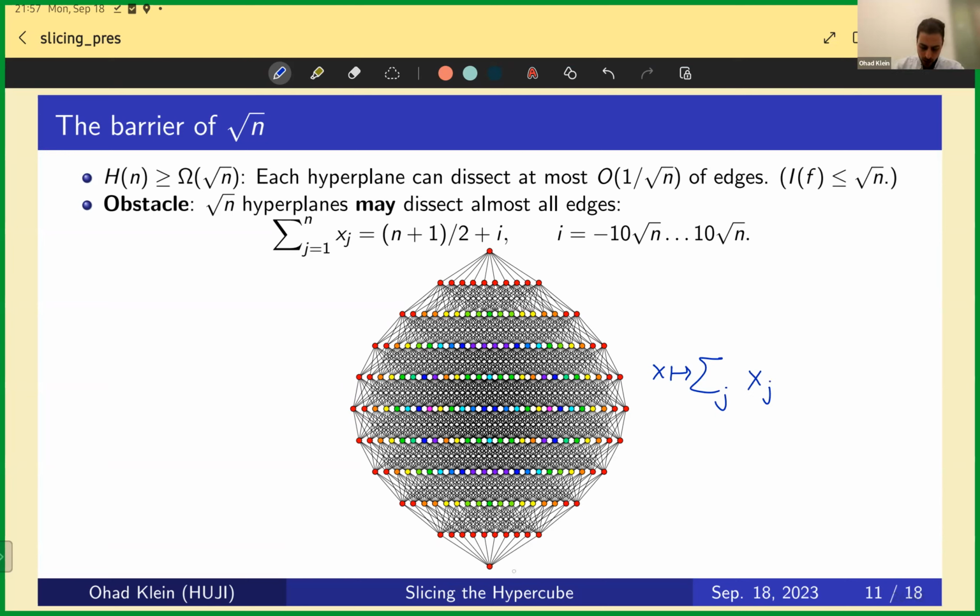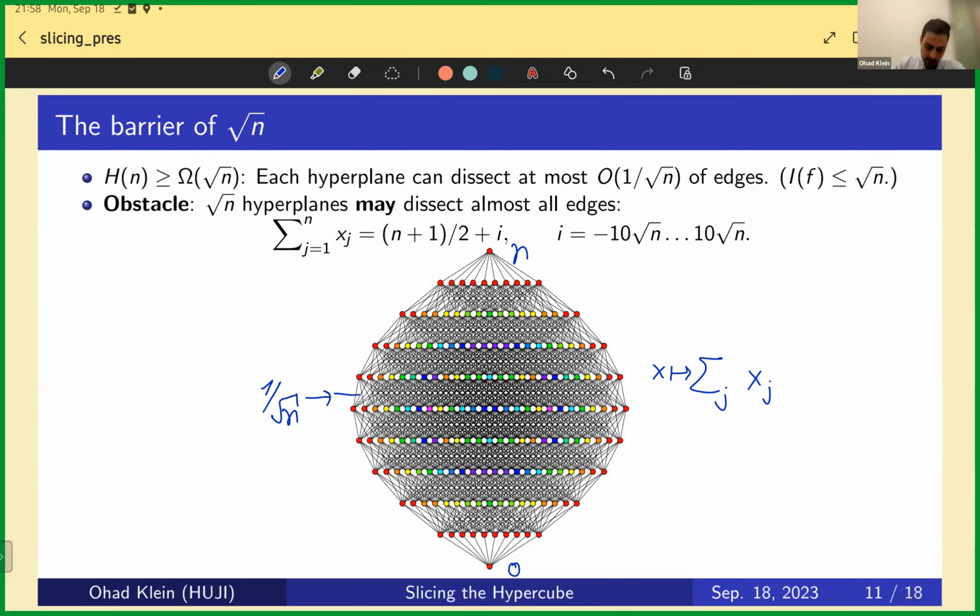Here we have Hamming weight equals 0, and at the top we have Hamming weight equals n. And now at the middle layers we have about 1 over square root of n of the number of edges in each of these middle layers.